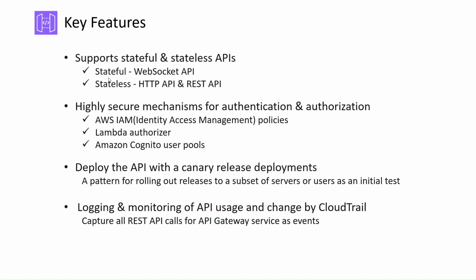Next, deploy the API with canary release deployments. First, let us understand what is canary deployment. Canary deployment is a pattern for rolling out releases to a subset of users or servers.